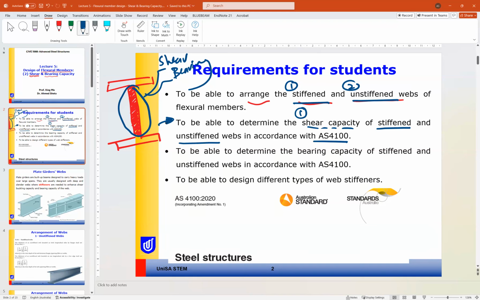After the shear capacity, we have the bearing capacity of stiffened and unstiffened web. And the last one is how to design the different types of web stiffeners that enhance the shear and bearing capacity.